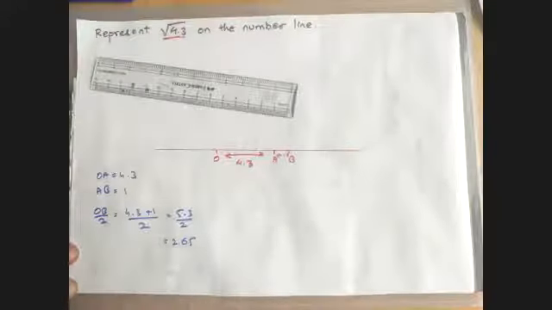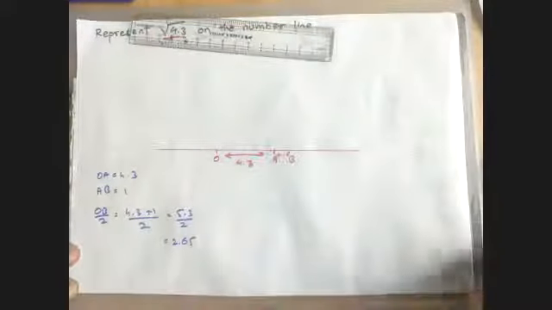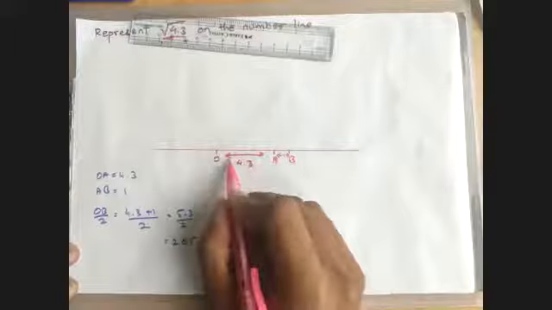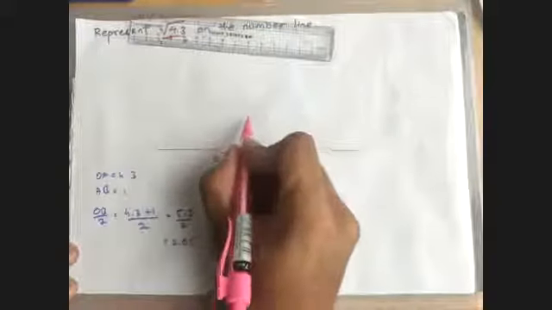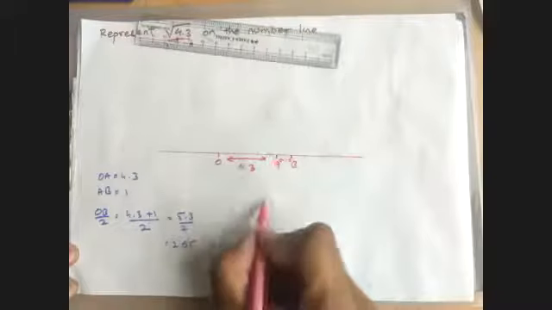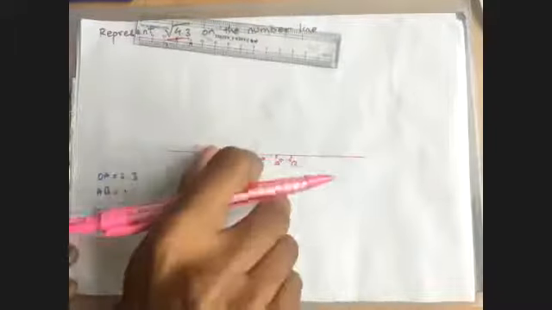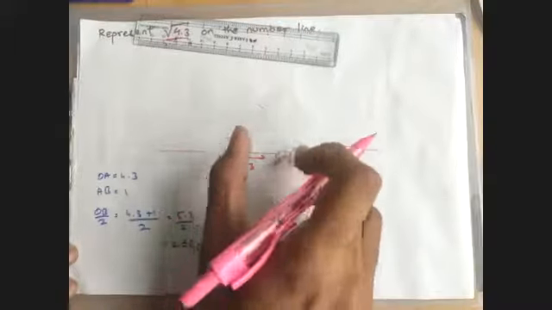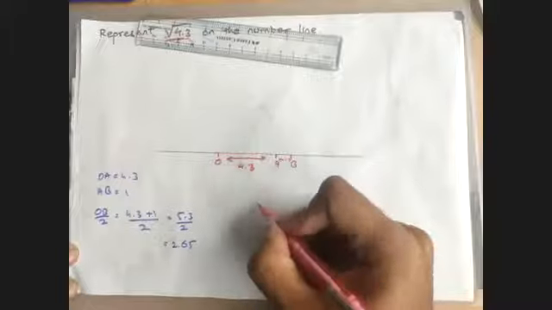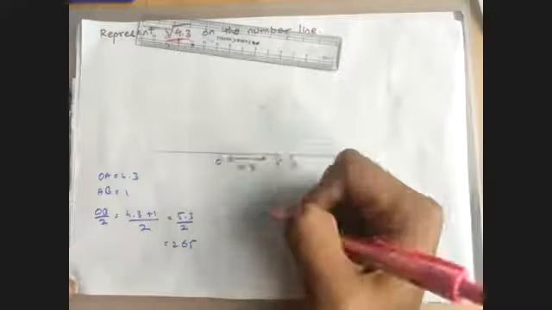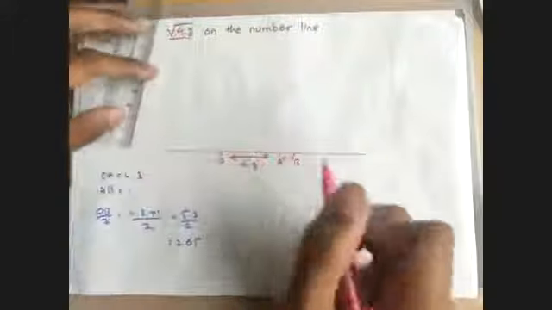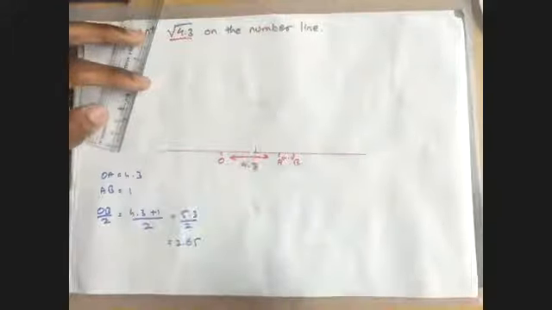But we don't need this value, because we know how to bisect this OB. We take a compass with the distance B, mark it here, and mark one here with OB, and we take the same distance OB and mark a line here, and we join those two, and wherever it cuts the line, we mark this. So this is the midpoint.